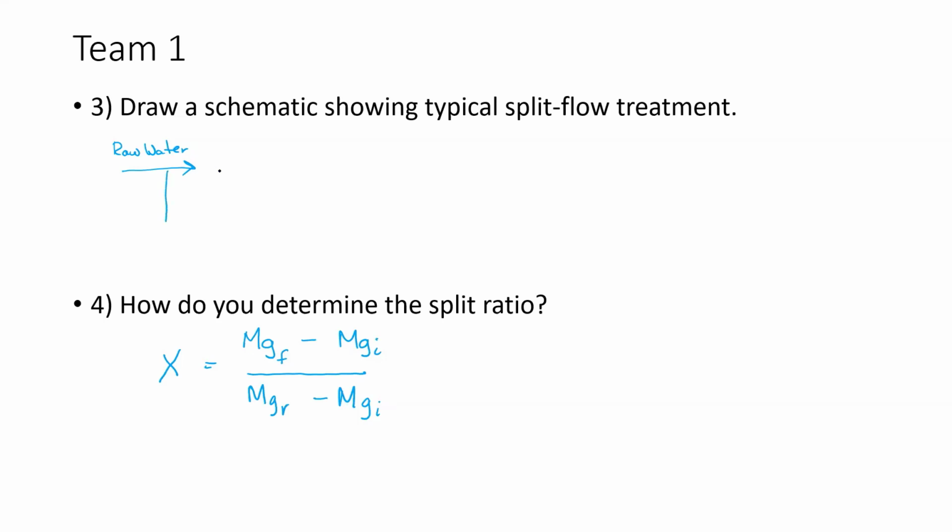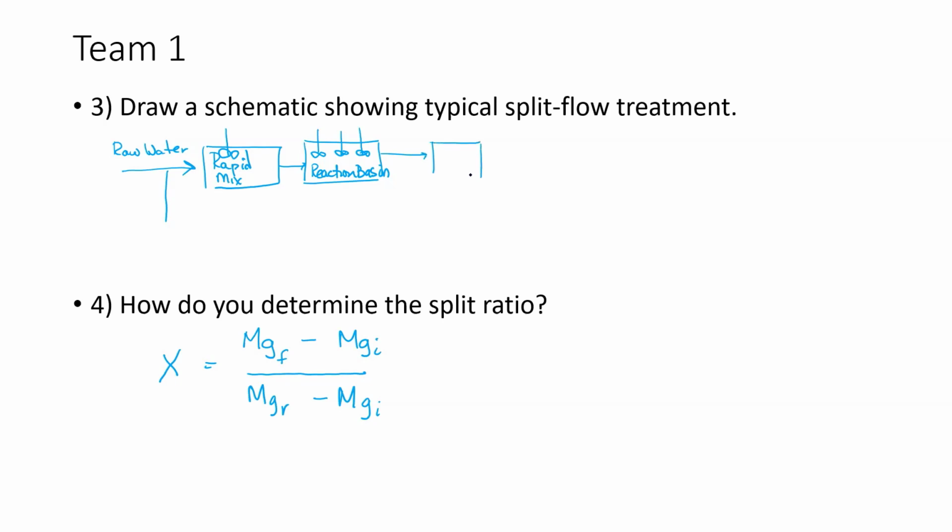We would typically have a rapid mix basin where we're adding our chemicals, followed by a reaction basin, which essentially is a flocculation basin, except we're not flocculating, so therefore it's referred to as a reaction basin, even though the design is identical.